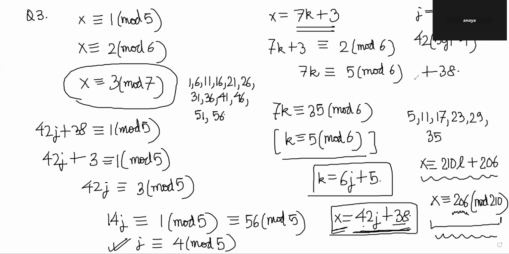What is this? It will be 210y plus 206. Oh, when I was doing my math, I wrote 6 and it looked like a 0. Okay, yeah, it's 206. So finally it's coming as 206 mod 210, right?